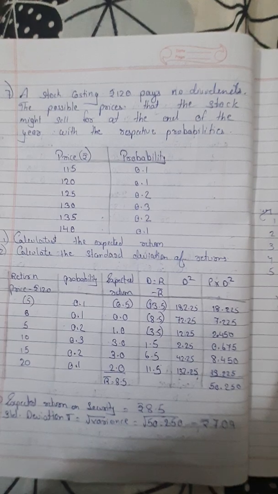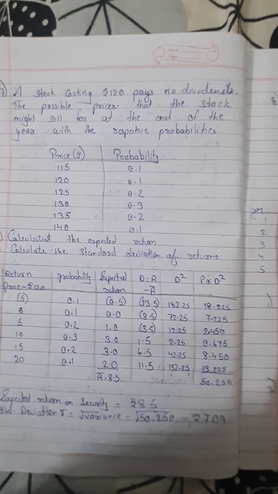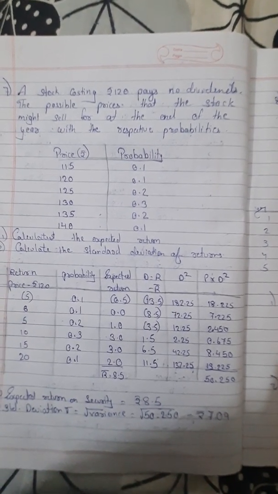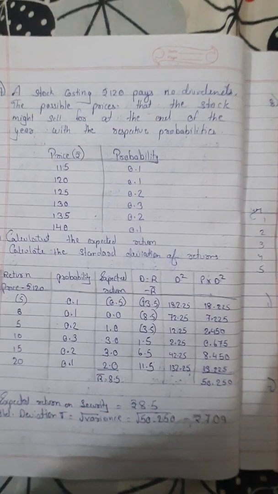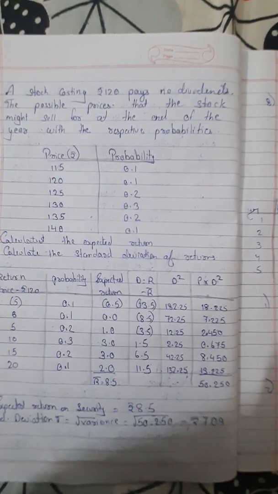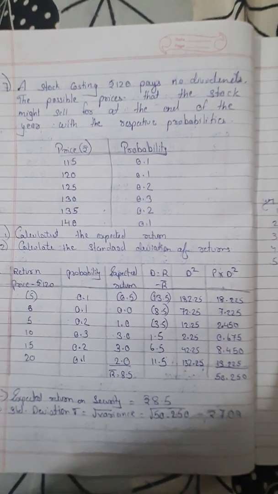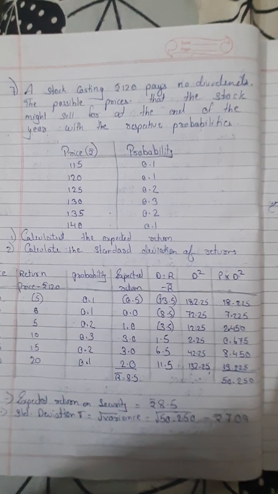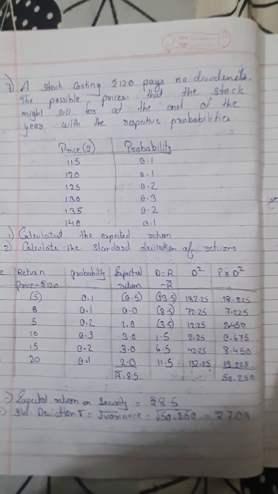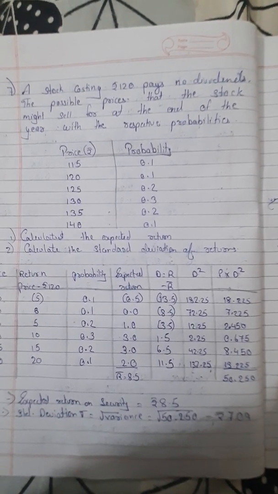At 115 the probability is 0.1, 120 probability is also 0.1, at 125 probability is 0.2, 130 is 0.3, at 135 it is 0.2, and 140 it's 0.1. What we have to do is calculate the expected return and calculate the standard deviation of returns.